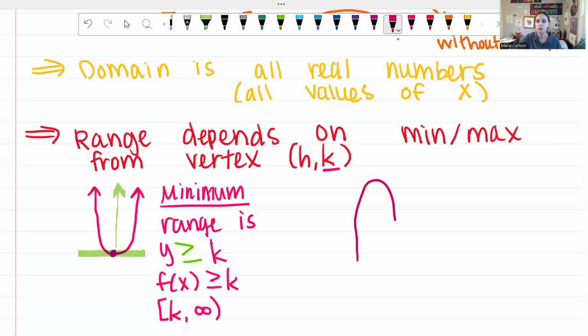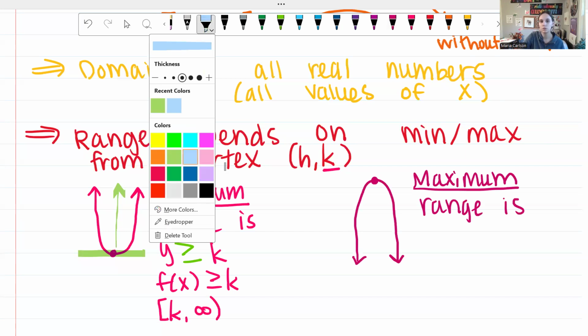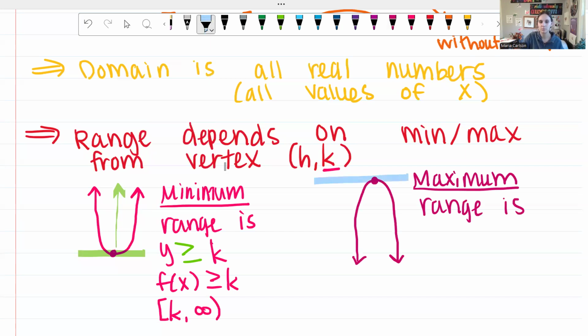If our parabola points down, now this vertex is a maximum. So this means then that my range is all of the y values that fall below this maximum value. So the range is all of the y values that are less than or equal to k.